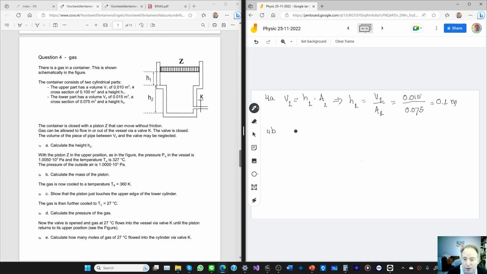So if I just draw the piston, there is from the top the pressure of the outside air, which is given here, 10 to the power 5.